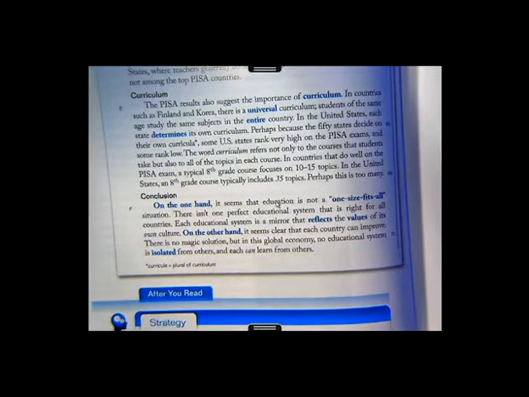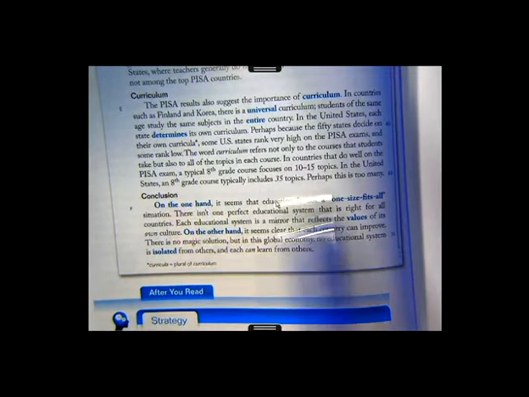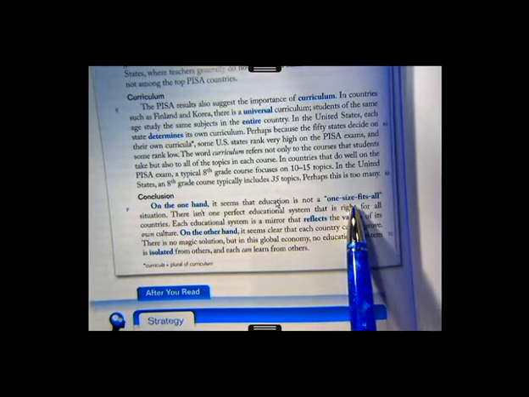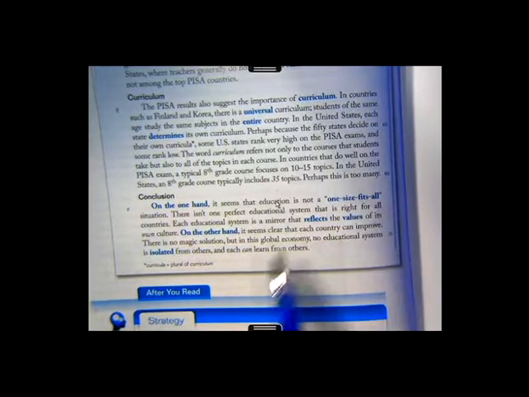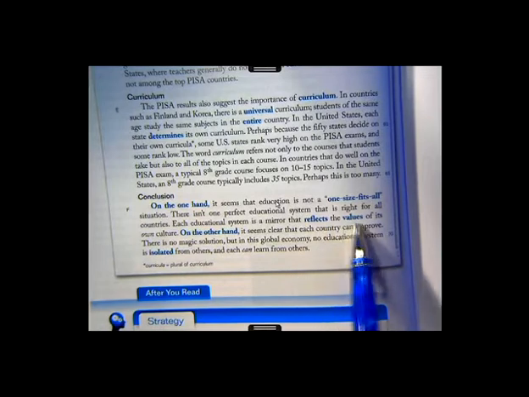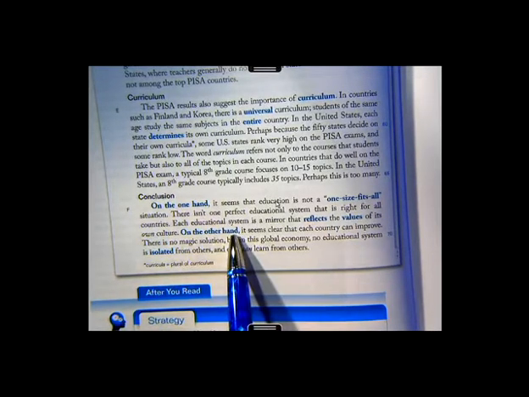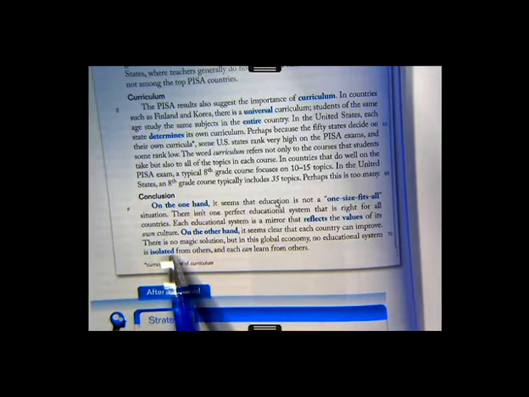The words, or the expressions, are: on the one hand, one size fits all, reflects values, on the other hand, isolated.